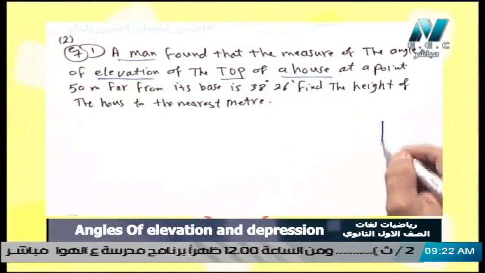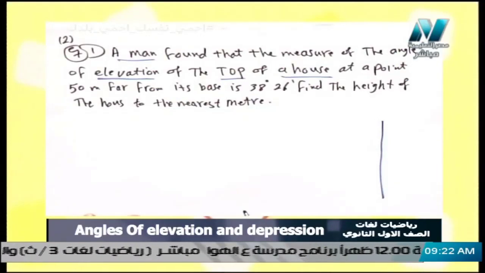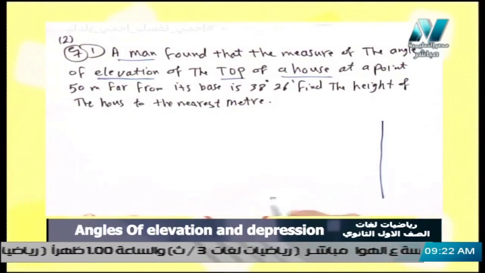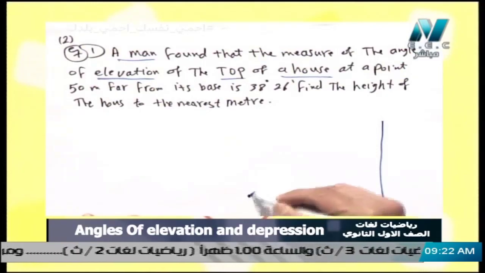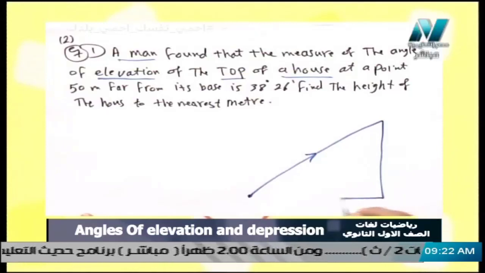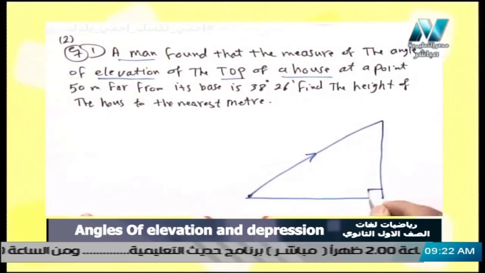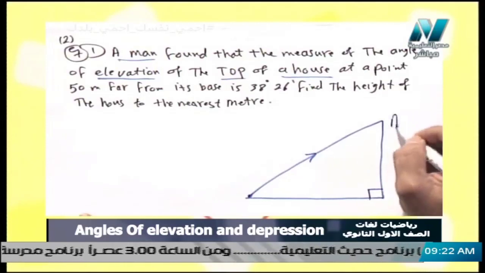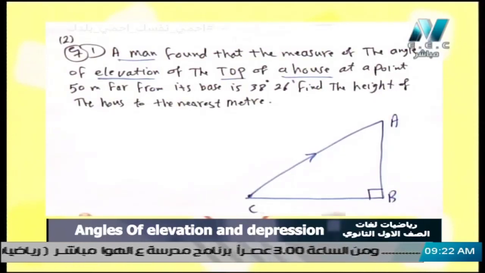So we will draw a house, and a man here looking at the top of the house, and this is the ground, and we have a right angle triangle here, and we can say this is A, B, and C.